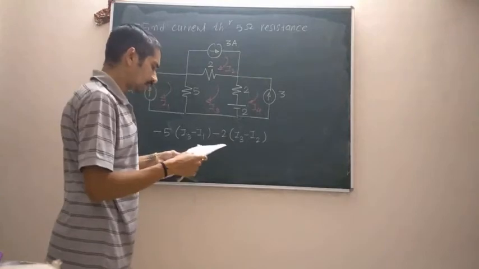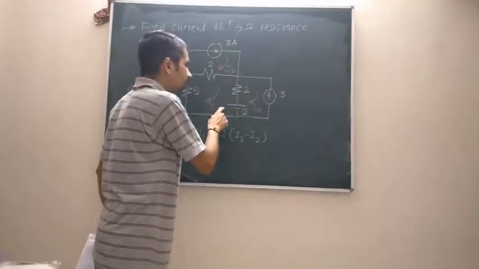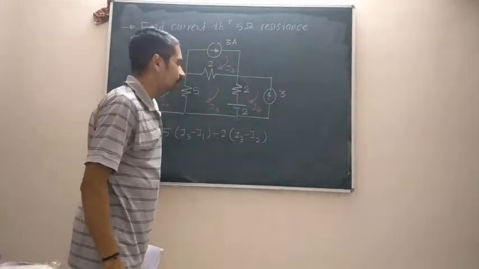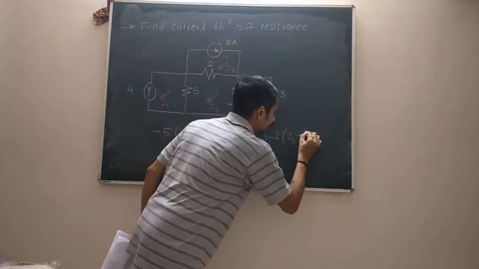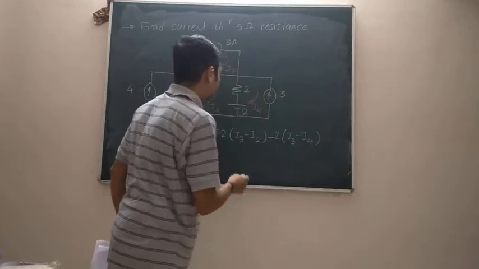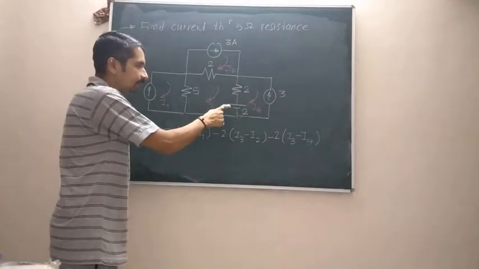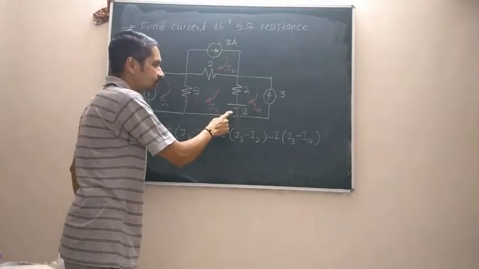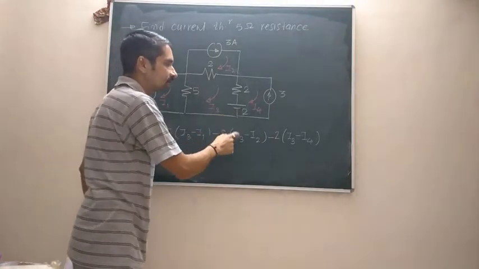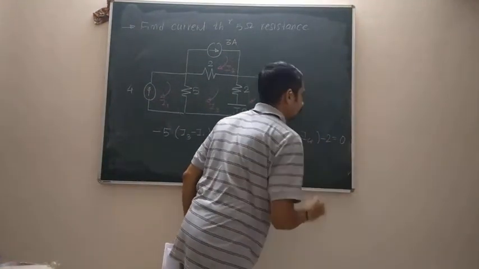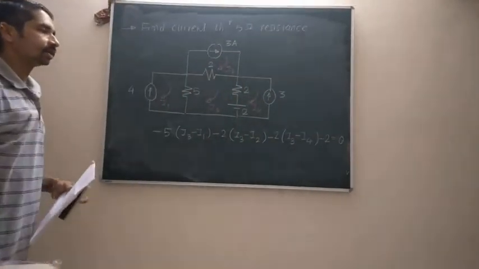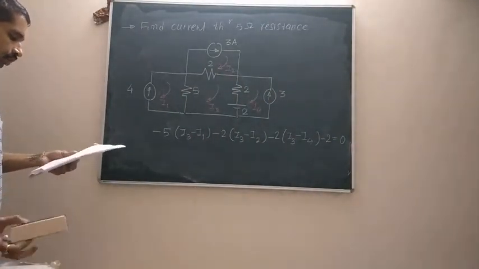Similarly, this 2 ohm resistor is again common between loop number 3 and loop number 4, and therefore the current flowing through it will be I3 minus I4, and there is a voltage source present here. As I am going to move from positive potential to negative potential, there is going to be a drop in potential, so it will be minus 2, and the total summation should be equal to 0.